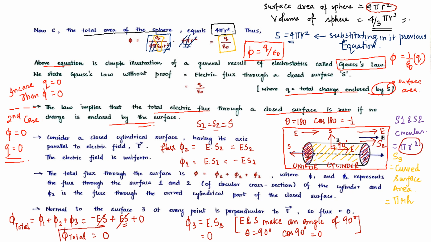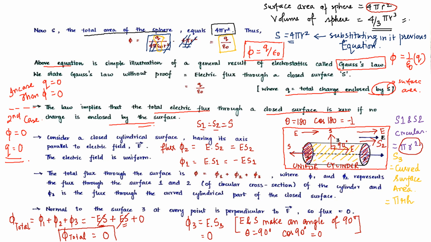We have proved that if a Gaussian surface or any surface under consideration does not contain charge, it will not give us any electrical flux.